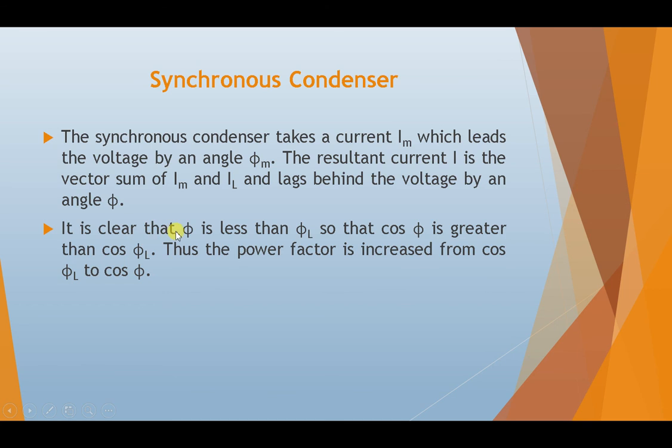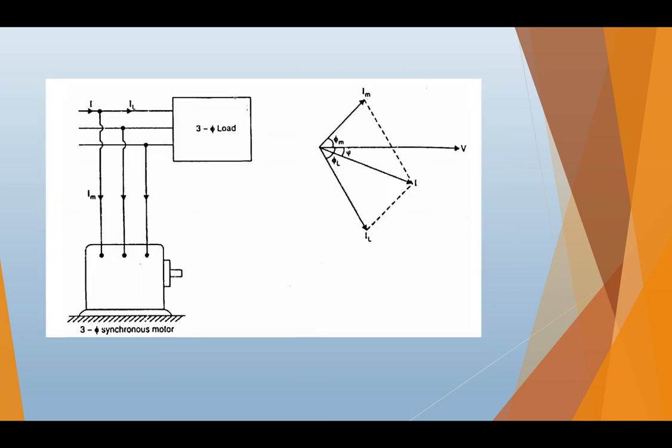It is clear that this angle is less than the load angle, so that cos, that is the power factor, is greater than cos of the load. Thus the power factor is increased from the load, that is when we are not using a synchronous condenser, to a new angle, that is an improved power factor. So this is one of the applications of the synchronous motor, that we are using it in a three-phase system to improve the power factor.